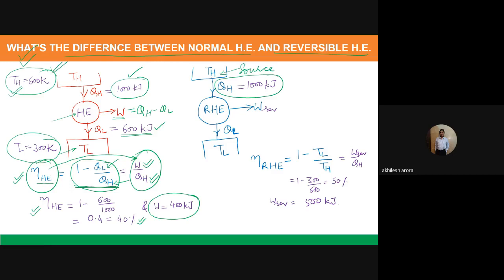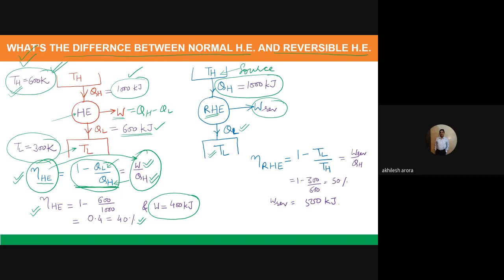So I am getting 1000 kilojoules of energy, which is the same as the heat which I was getting for the case of the normal heat engine. But now this heat I am supplying to a reversible heat engine, and that is why I am getting the W reversible here, and we are rejecting the remaining heat QL to the low temperature at TL.